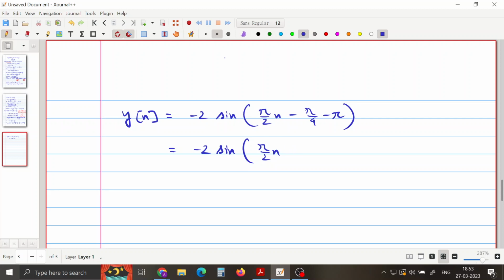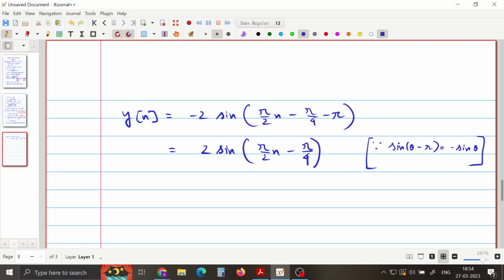So now what I have done is basically written it like this. Why can I write it like this? Because in general, sine of theta minus pi is minus sine theta.